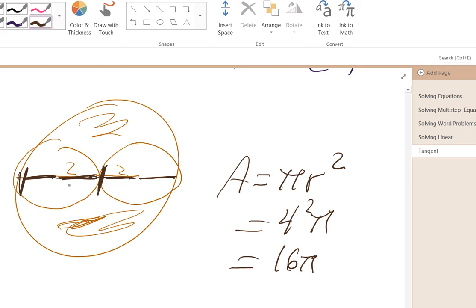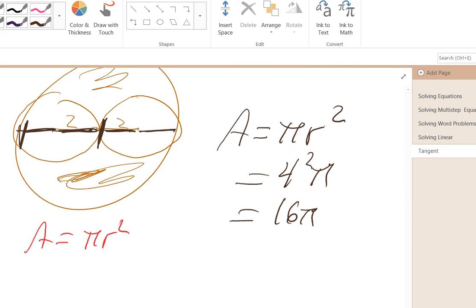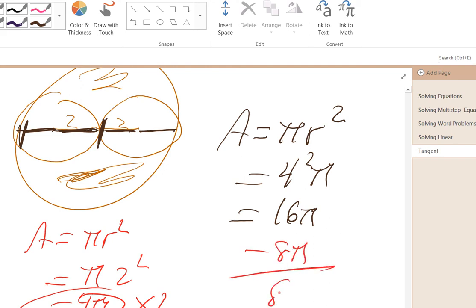Then what you want to do is find the area of one of the smaller circles. What's the radius of the smaller circle? 2. Right. But you have 2 of them, correct? So we're going to subtract that off, whatever 8 pi is. We can leave it at 8 pi, or we can figure it out as the nearest number.